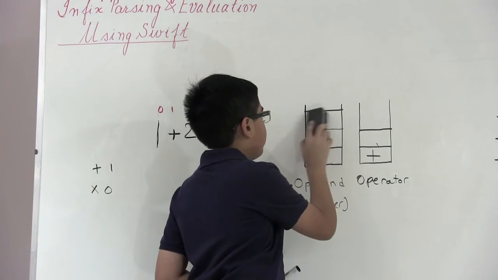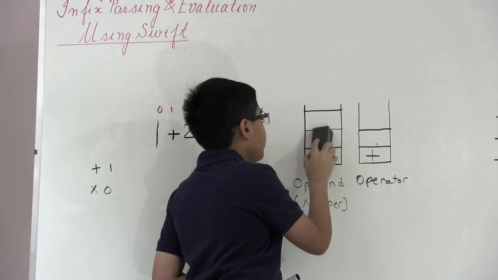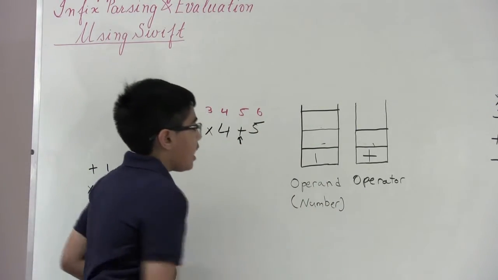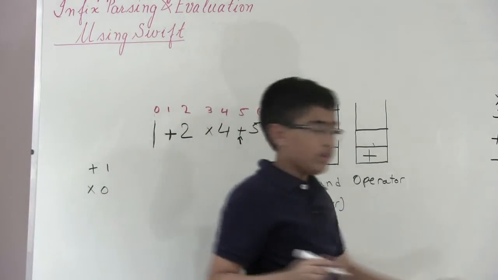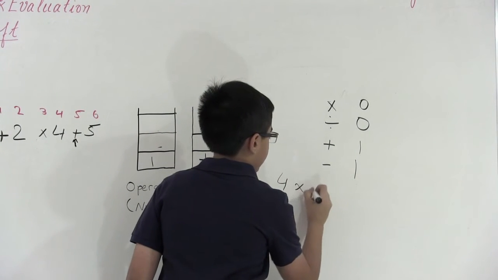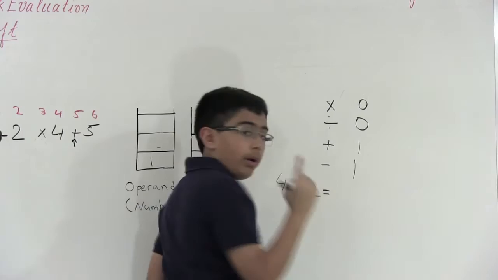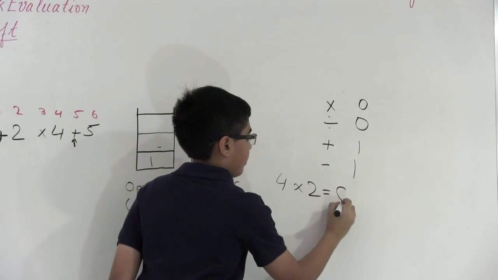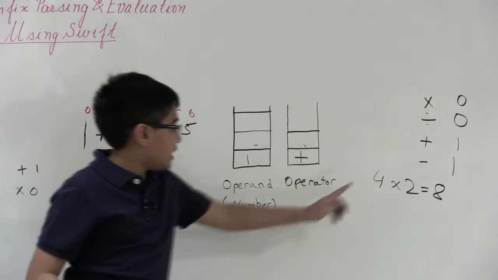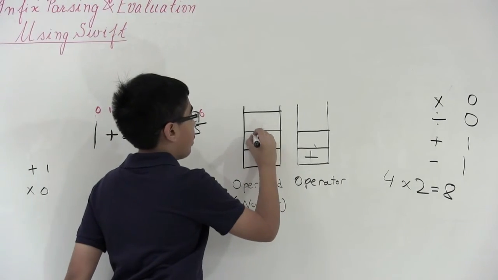Then we pop out the 4, and then we pop out the 2. Then we put them to the side and ask, what's 2 times 4? Well, we know that it is 8. So we take that 8 and push it onto our operand stack.